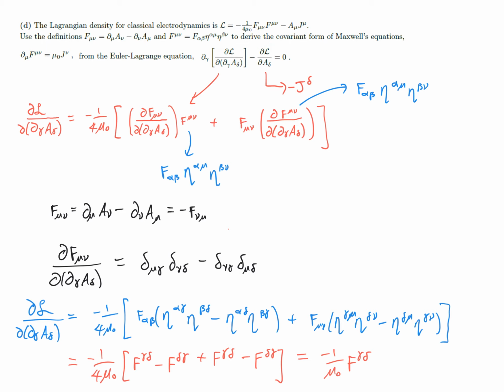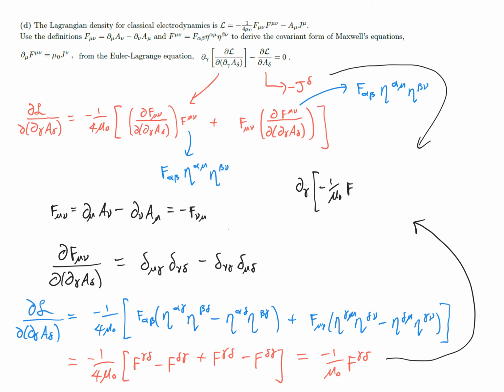So let's just plug both of those two terms in and see what we get. So we get d gamma of the thing that we've just worked out, -1 upon mu naught F gamma delta, minus the minus J delta is equal to 0.